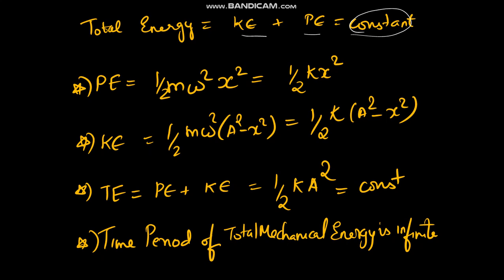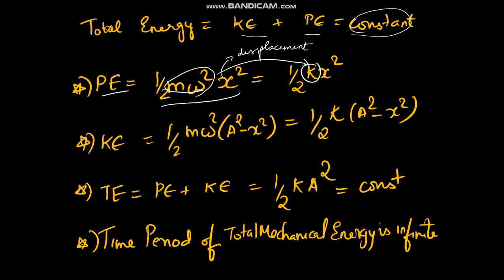Now, what is the potential energy formula? You must remember 1 by 2 m omega square x square, where this m omega square is k, so it is 1 by 2 k x square. This x is the displacement.